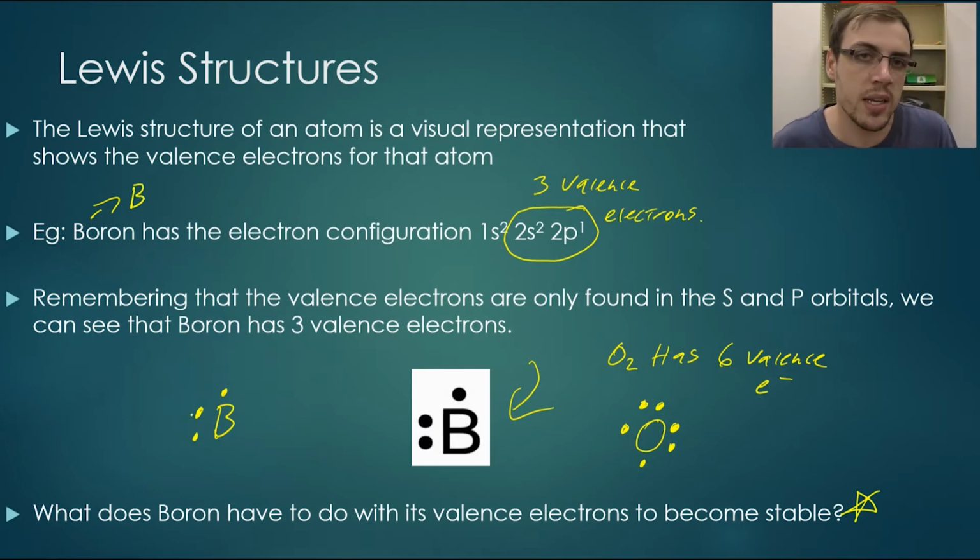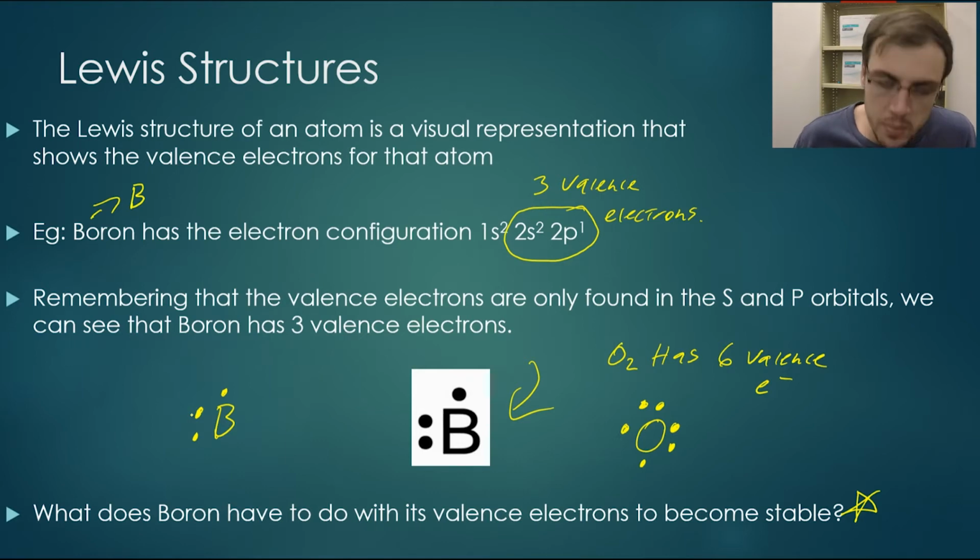This is when we ask ourselves, what is easier? Is it easier for boron to steal 5 electrons, so to find other elements nearby and try and steal 5 electrons? Or would it be easier for it to try and get rid of 3? The answer is to get rid of 3. It is a lot easier, just in terms of the sheer number, to get rid of 3 than to try and steal 5.